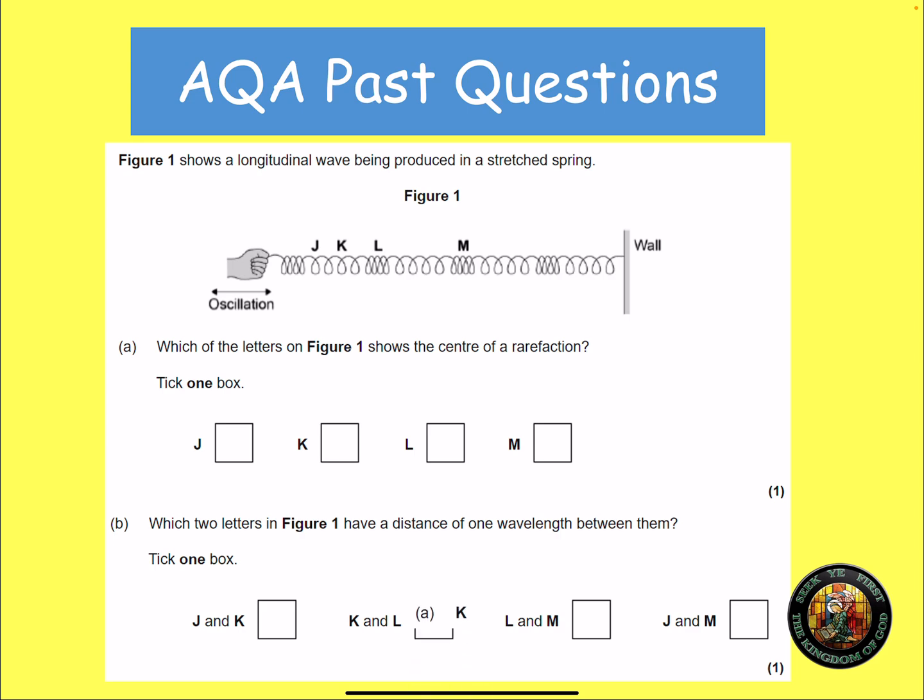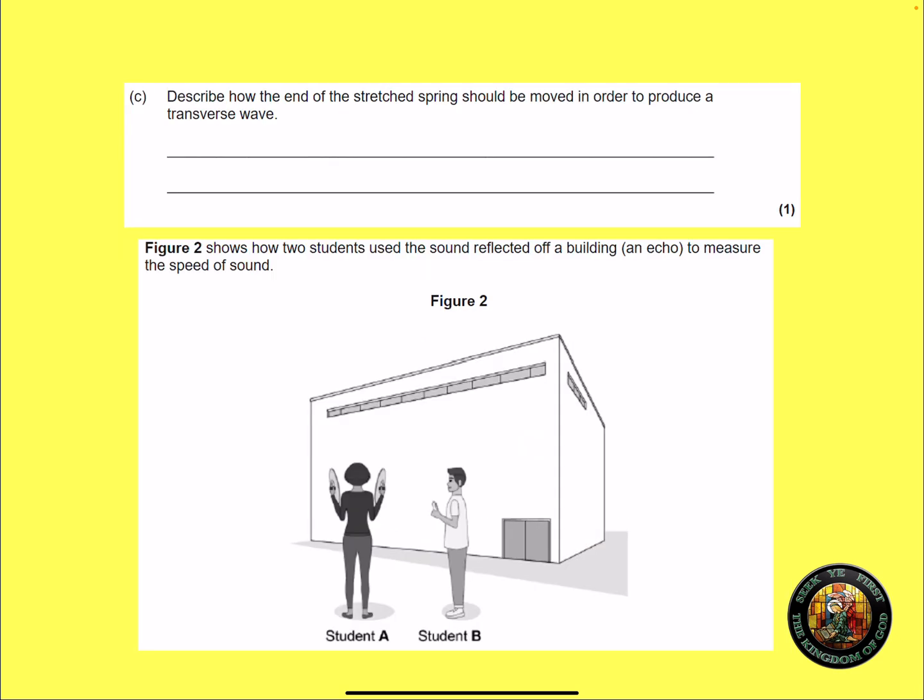Let's see how you got on. So, K for 1 mark, and L and M for the 2nd mark. C, describe how the end of the stretched spring should be moved in order to produce a transverse wave, for 1 mark.